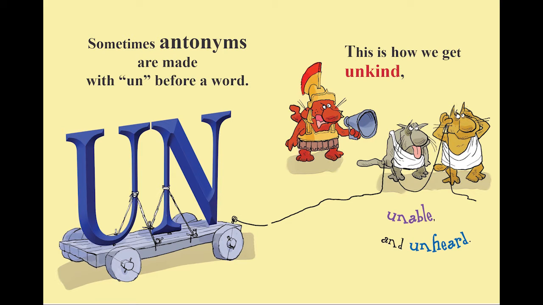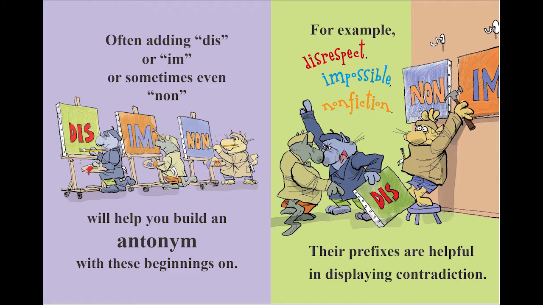Sometimes antonyms are made with an un before a word. This is how we get unkind, unable, and unheard. Often adding dis or im, or sometimes even non, will help you build an antonym with these beginnings on. For example, disrespect, impossible, nonfiction. These prefixes are helpful in displaying contradictions.